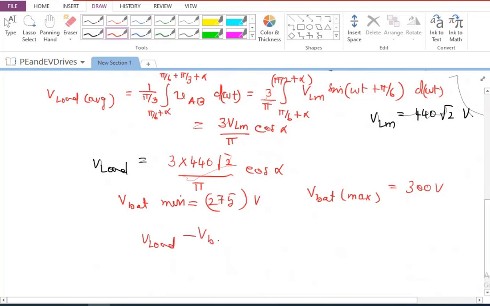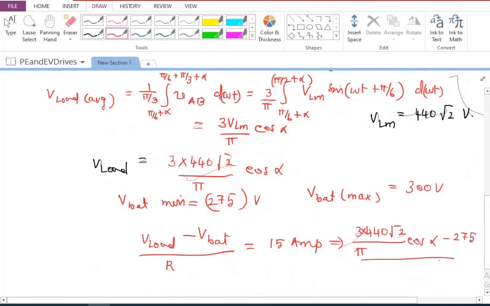minus V battery divided by whatever is the resistance, that is going to be limited to 15 ampere. So I should say 3 multiplied by 440 times root 2 divided by pi cos alpha minus 275.